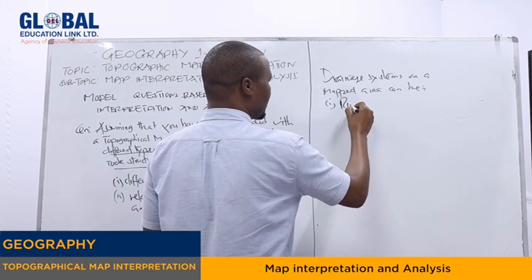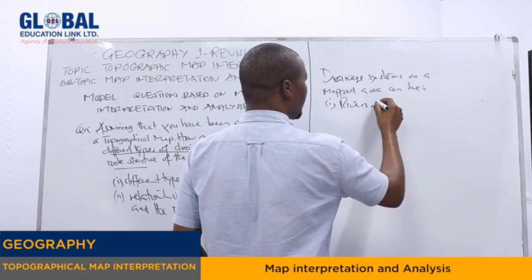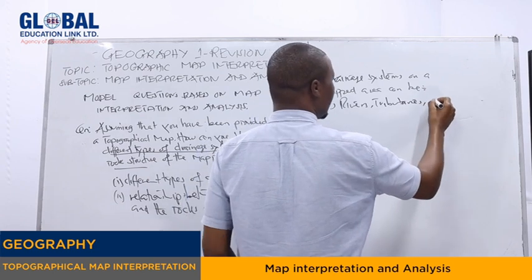Can be river tributaries. Can be river distributaries.